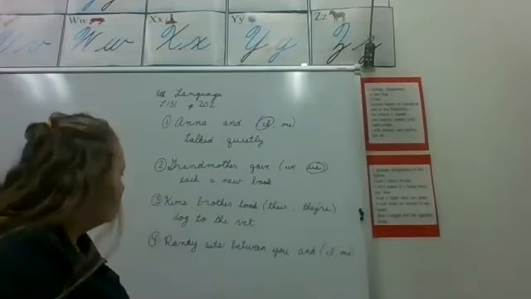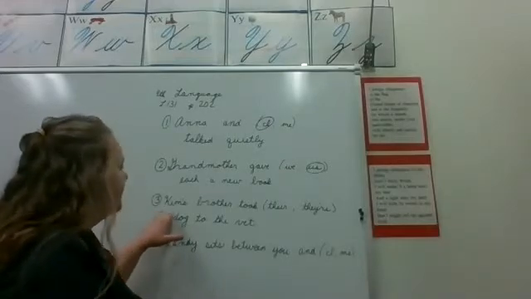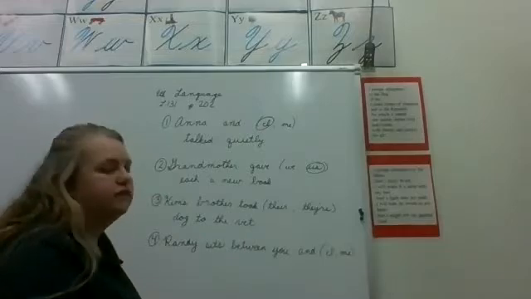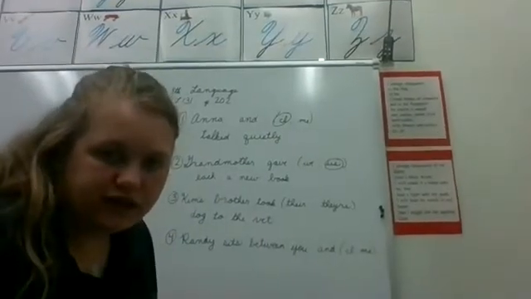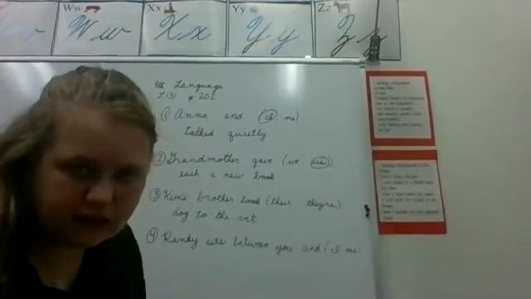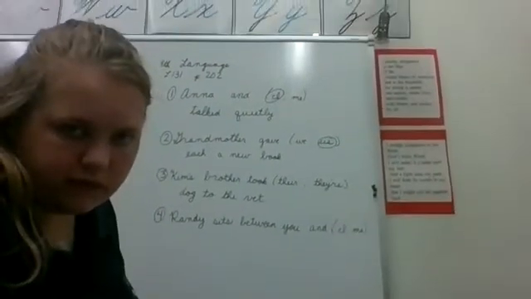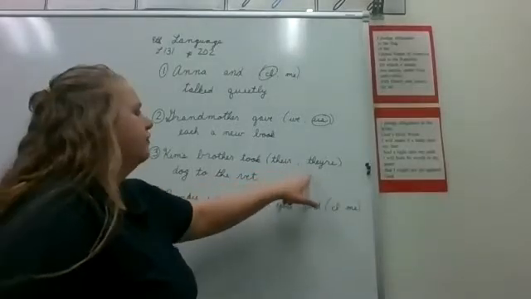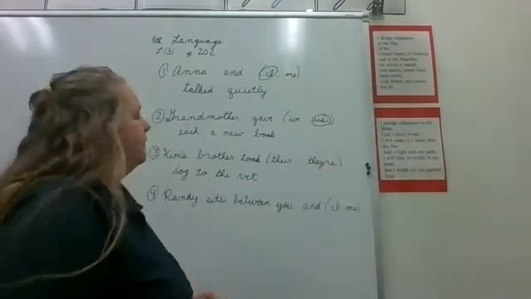Okay, and number 3, this one might be a little tricky because they sound very much the same. Kim's brother took their or there dog to the vet. Which their would we use? Their T-H-E-I-R or they're T-H-E-Y apostrophe R-E.